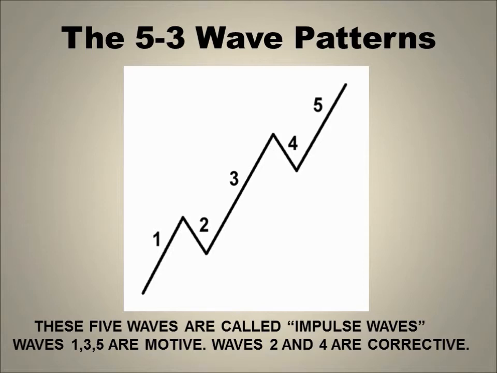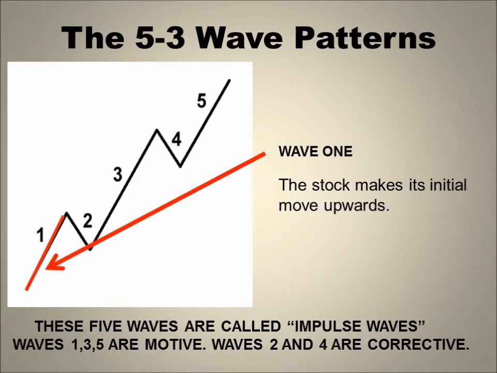Now, according to the theory by Mr. Elliot, he realized that in wave number 1, that's the beginning of the bull market. Now, let's just say bull market because the market is going up. This also applies to the bear market as well. Okay, so it works like this. We have many investors around the world that have studied a currency pair. And through technical analysis, fundamental analysis, and sentiment analysis, they were able to determine that this market is going to go up.